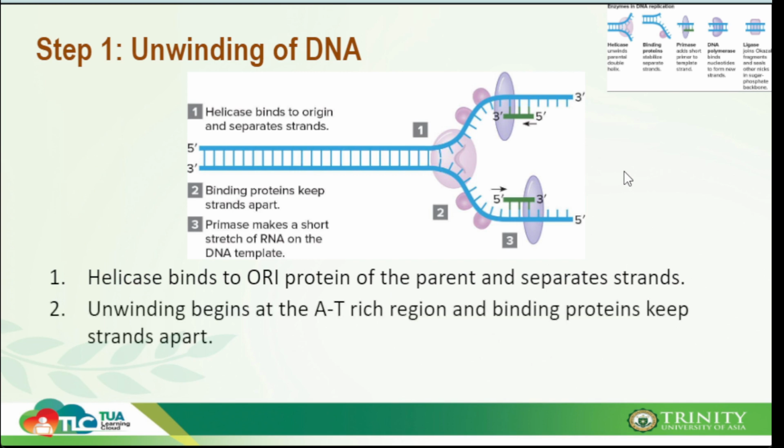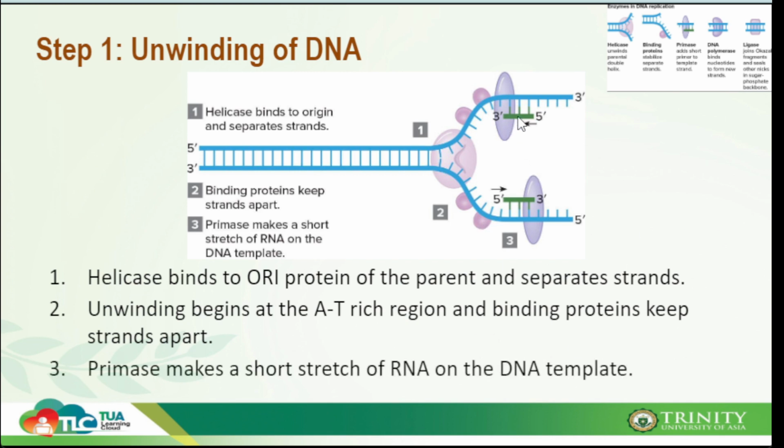So unwinding will begin at the AT-rich region, and what will keep it open are these pink proteins on top and at the bottom, which we call binding proteins. All right? So once the helicase opens up the parent DNA, and magkaroon ka na ng dalawang single-strand DNA, what keeps it open are your binding proteins. Okay?